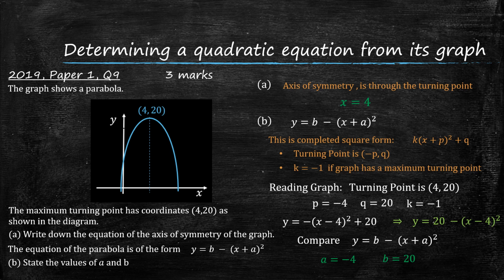To do that, we used the turning point and we used the nature of the turning point. It's a maximum turning point, and we then put it into completed square form. We rearranged it, and by rearranging it into the same form as the form asked for in the question, we were simply able to read off the values for a and the values for b.